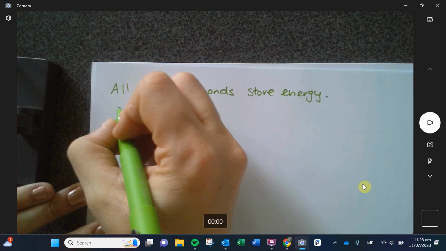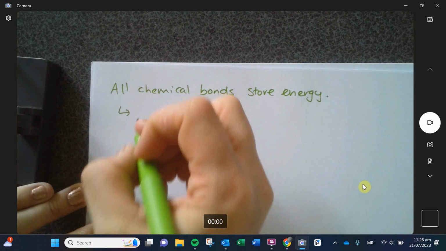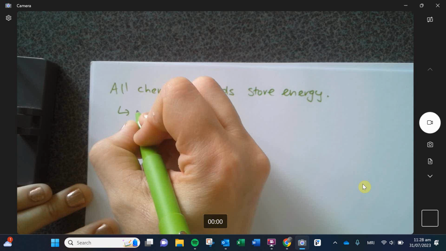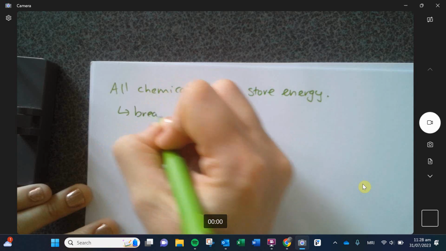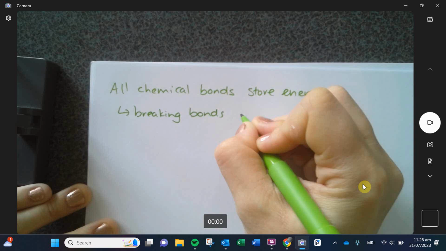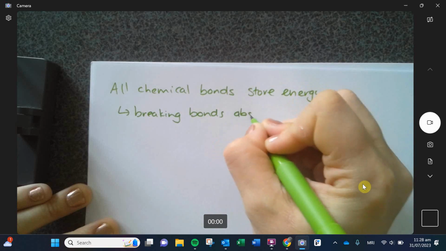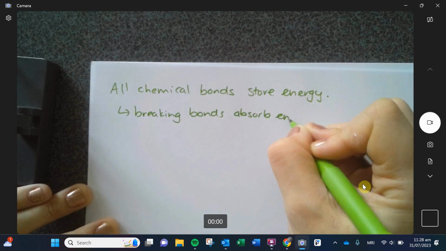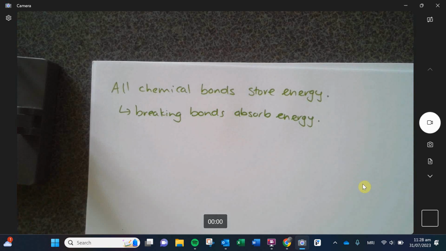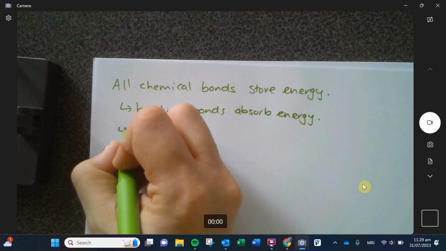So breaking bonds absorbs energy. And then when we make bonds, we are releasing energy.